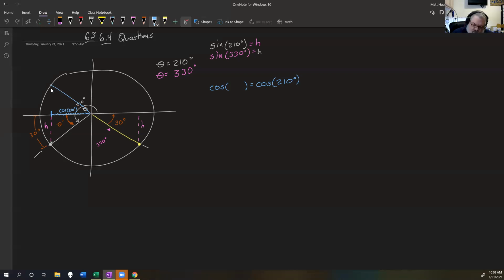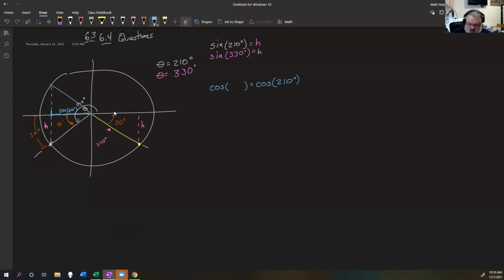So we'll be looking for an angle in quadrant 2 where the cosine value is the same, where that horizontal length is the same. And you might notice those sine values are going to be the same absolute value, right? One's going to be positive and one's going to be negative. But the cosines will be the same.